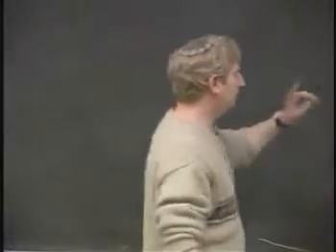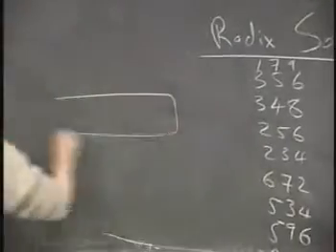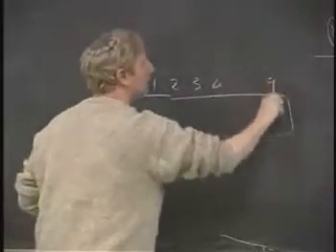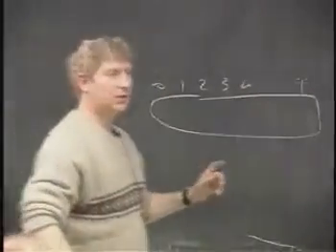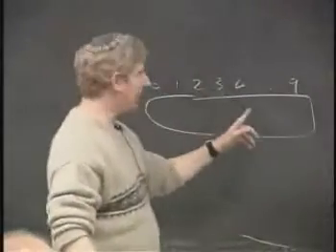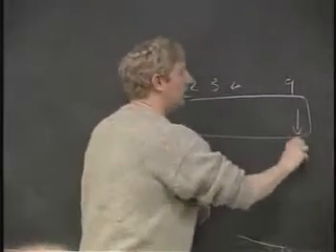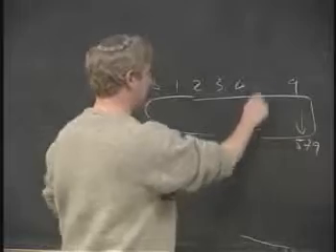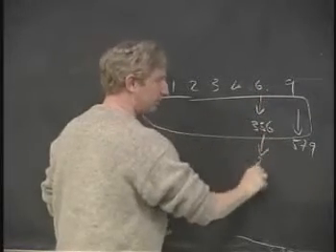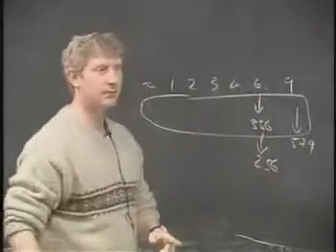Because we have 0 through 9. And what we're going to do is run through these numbers one at a time. If we get something that ends in a 9, we're going to put it here. Something that ends in a 6, we're going to put it here. Something else that ends in a 6, it goes here.